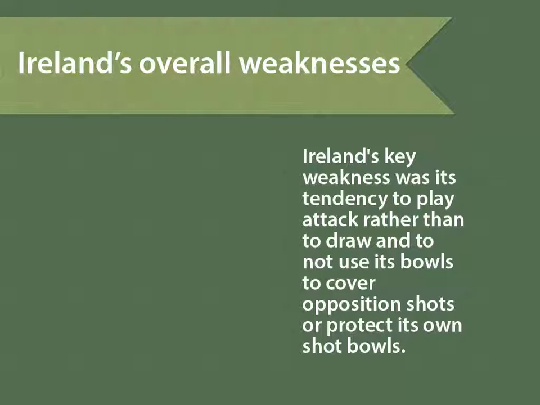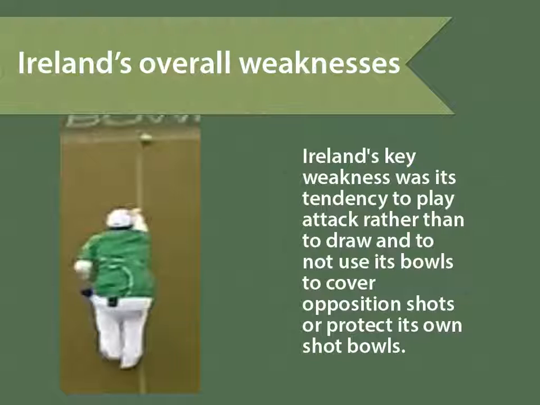Ireland's key weakness was its tendency to play attack rather than draw, and to not use its bowls to cover opposition shots or protect its own shot bowls.